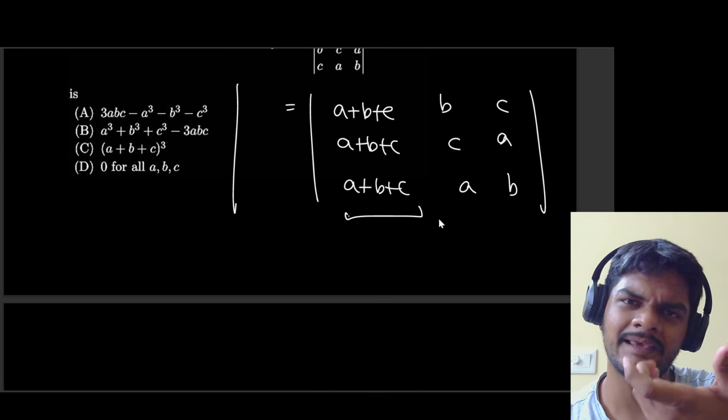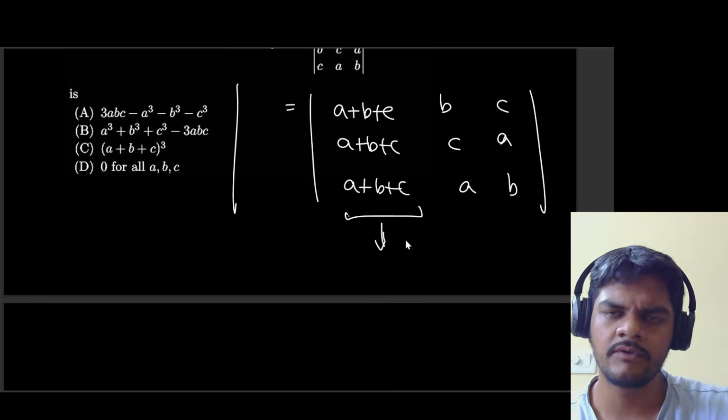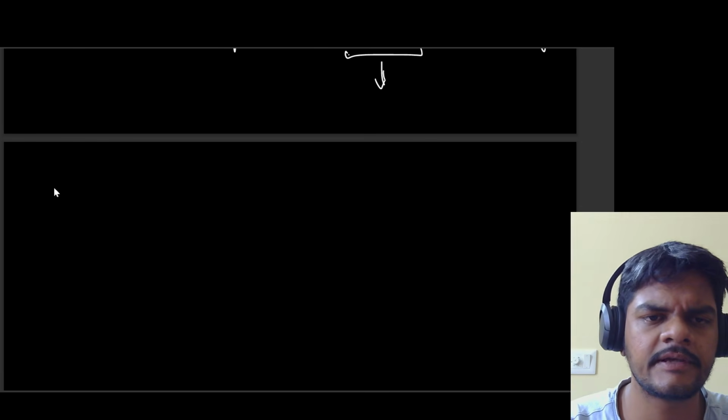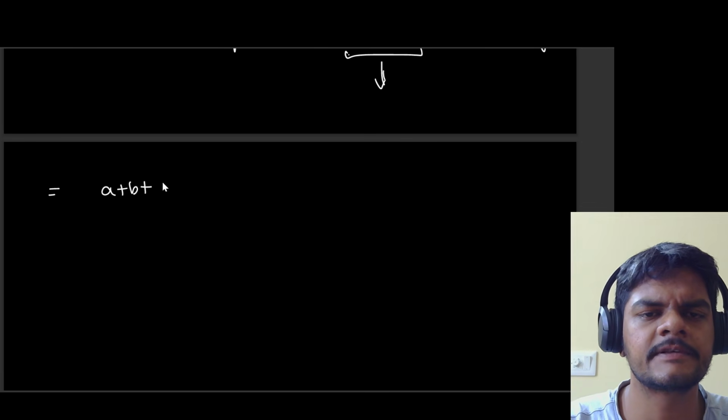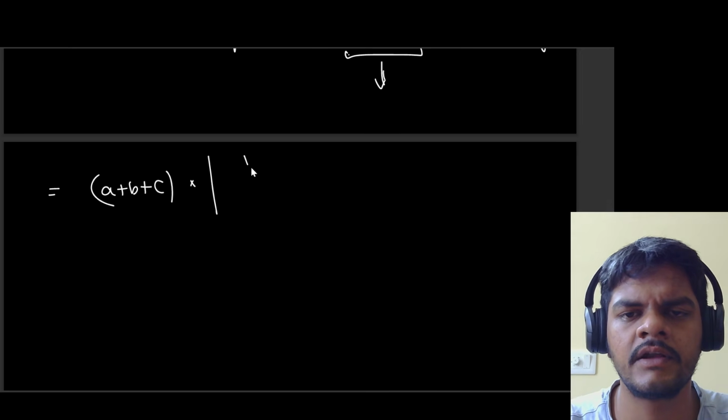If one column has a common factor, you can take that out for the whole determinant. So this will be equal to a plus b plus c into the determinant with first column 1, 1, 1.